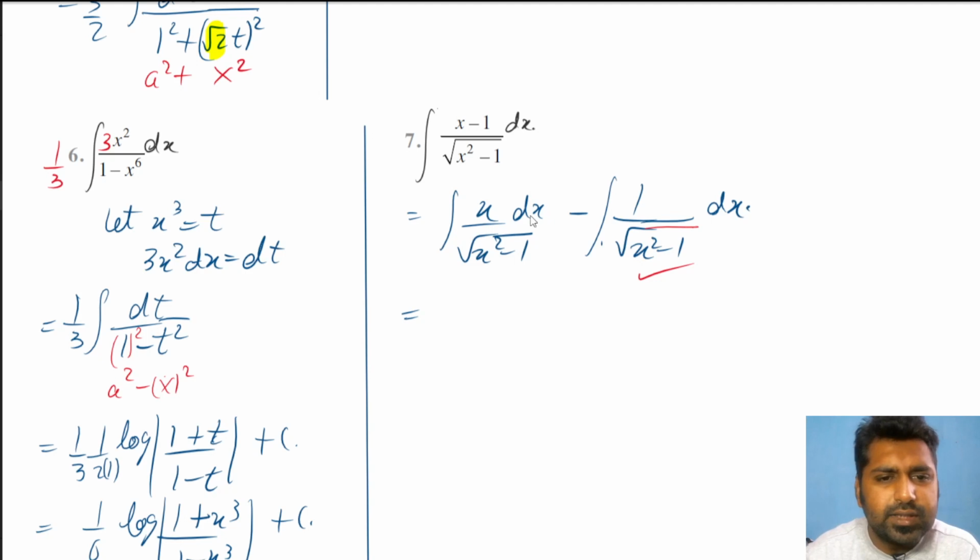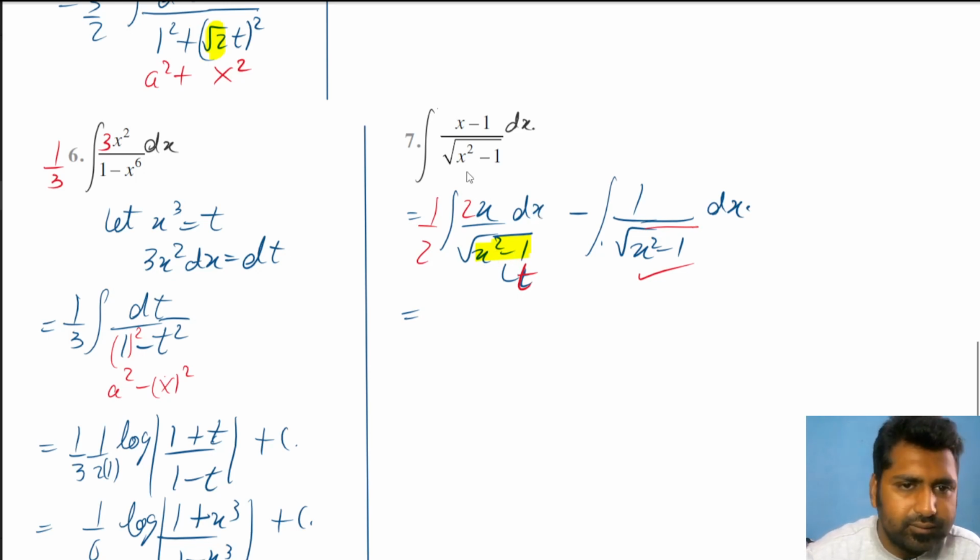Now you see x with dx and you think that if x square minus 1 itself was t, and we multiply this by 2 and divide by 2, what is the differentiation of x square minus 1? 2x dx. So that will become dt. So this whole thing will become dt.